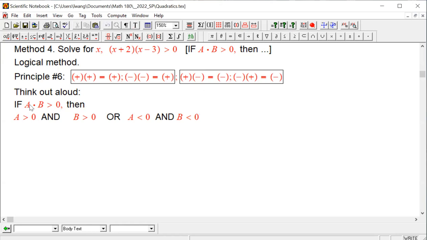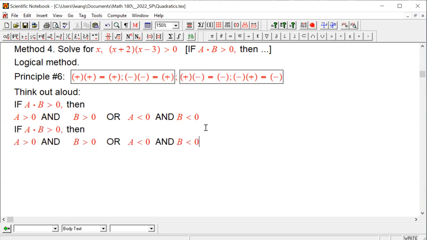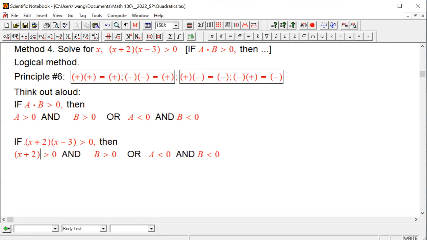Now we're going to use this basic structure as it's applied to our situation. You know which one is A and which one is B. A is x plus 2, and B is x minus 3. So you just put it in this structure.